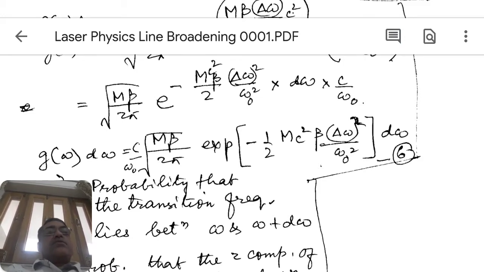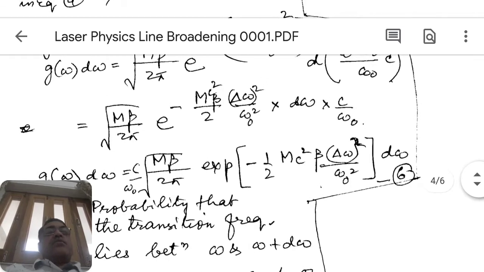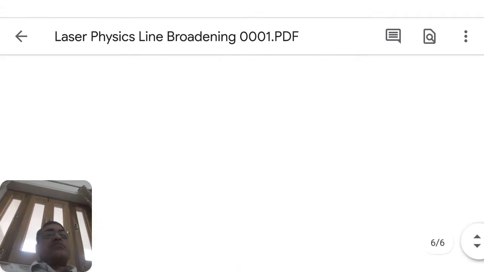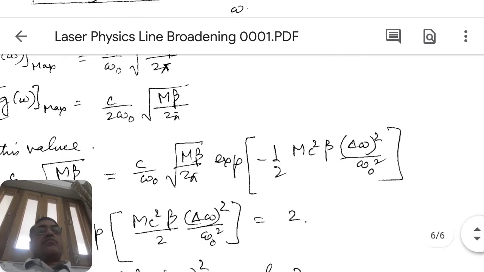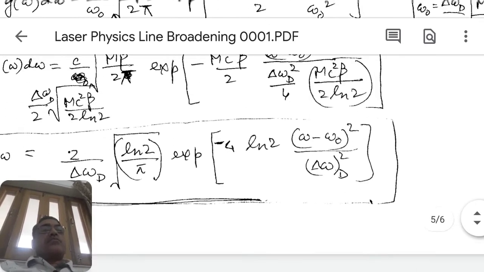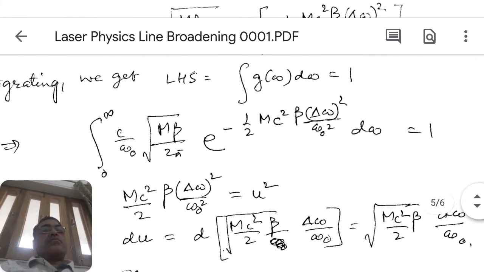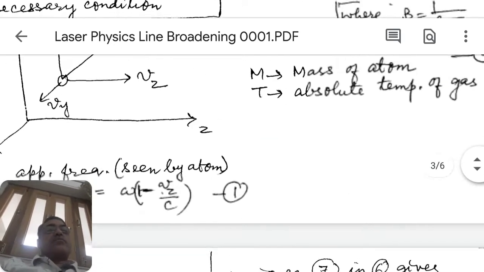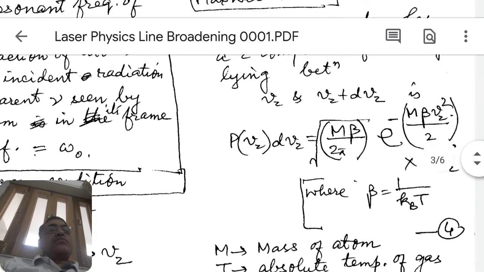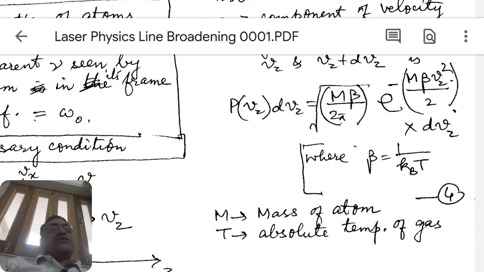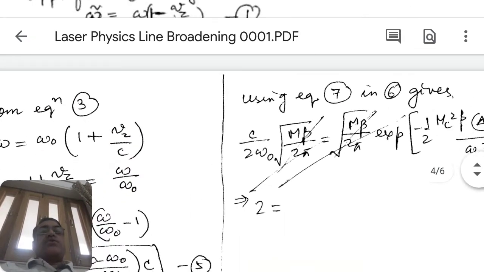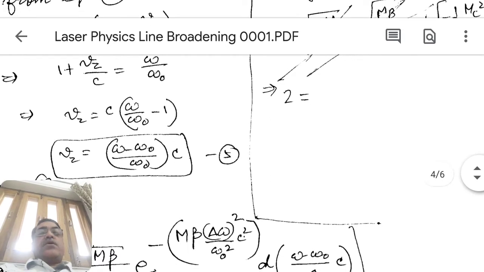We see that m c square is there, m beta Vz square, and we have substituted for Vz in terms of c.